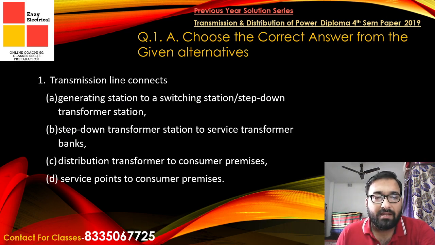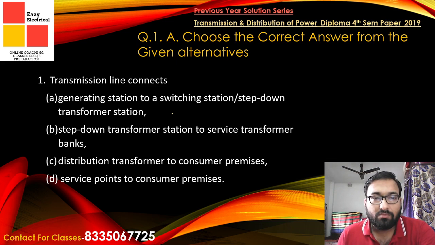Next is step down transformer station to a service transformer bank. Next, distribution transformer to consumer premises. Next, service points to consumer premises. Out of these four options, I'll pause the video here and you try to answer the question.